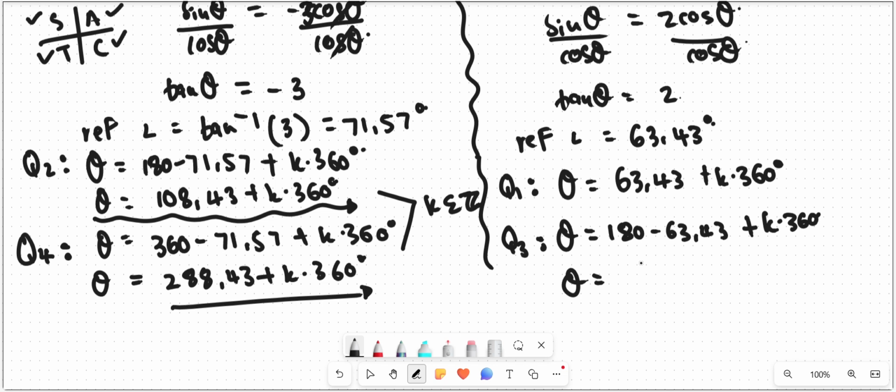Let me just check. Oh no, it should be a plus here, sorry, my bad. It should be 180 plus, because I'm looking at quadrant number 3. So this should be 243.43 plus K360.